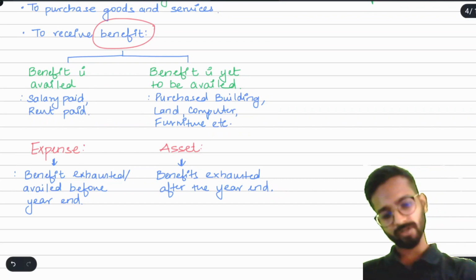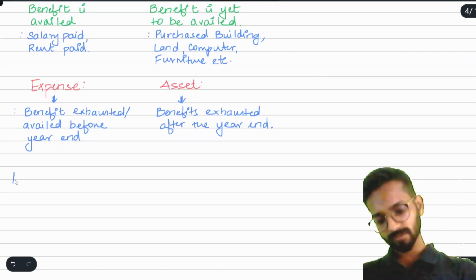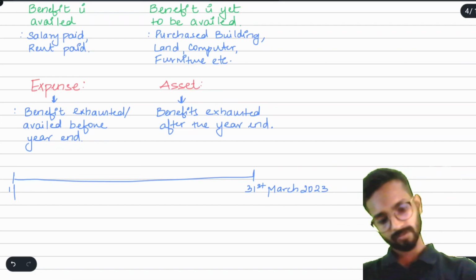To just give you a particular example, see, suppose this is our year end, 31st March. Today we are standing at the start; this is 31st March 2024 as the year end, and here is 1st April 2023.